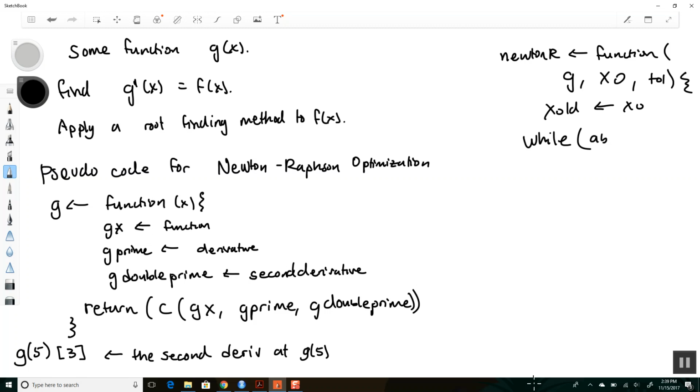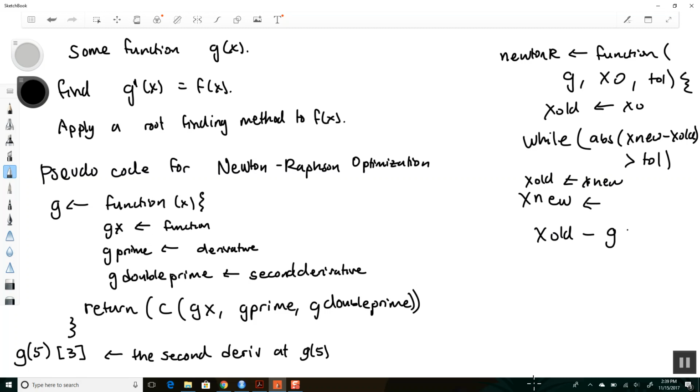While the absolute value of x new minus x old is greater than the tolerance, we update x new as x old minus g of x old, the second value, which is the first derivative, divided by g of x old, the third value the function returns.